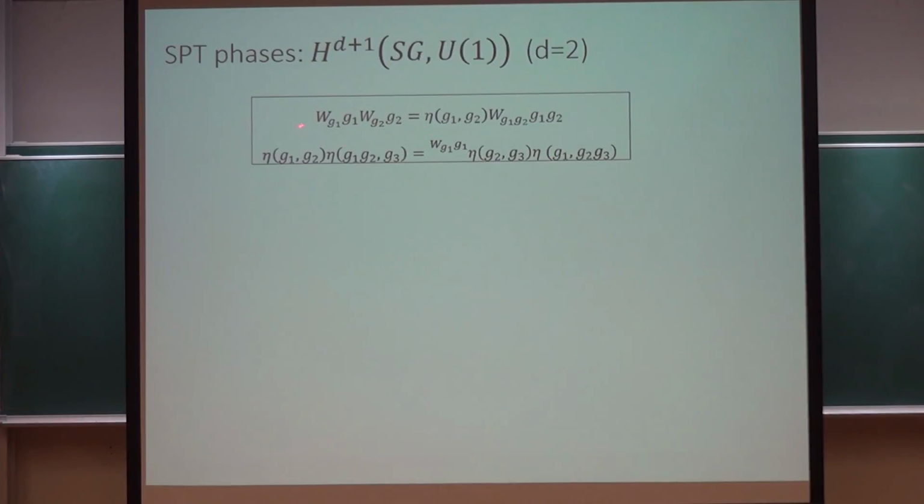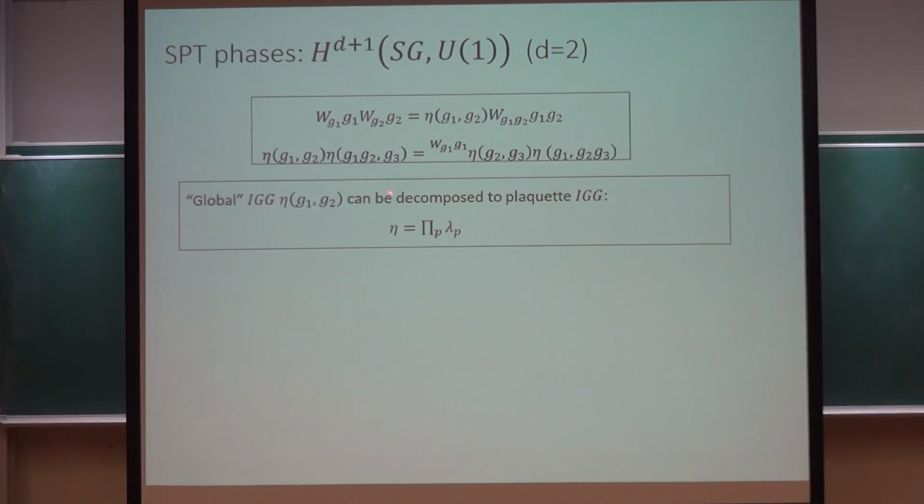As I mentioned, this is very similar to the one-dimensional case. So WG doesn't have to be a representation, so they can differ by this IgG element. This eta is some global IgG. The global IgG has to satisfy this associativity condition. And this global IgG, we assume it can always be decomposed into the plaquette IgG.